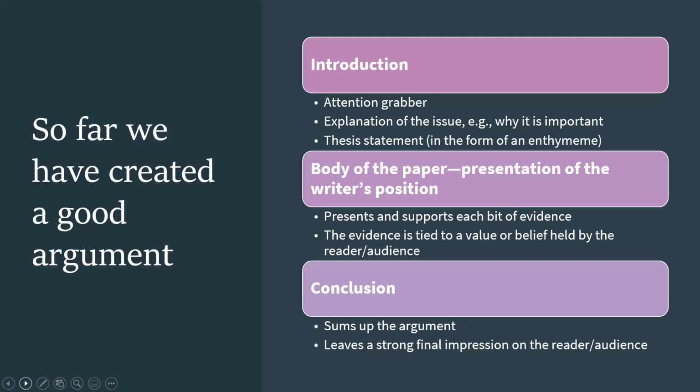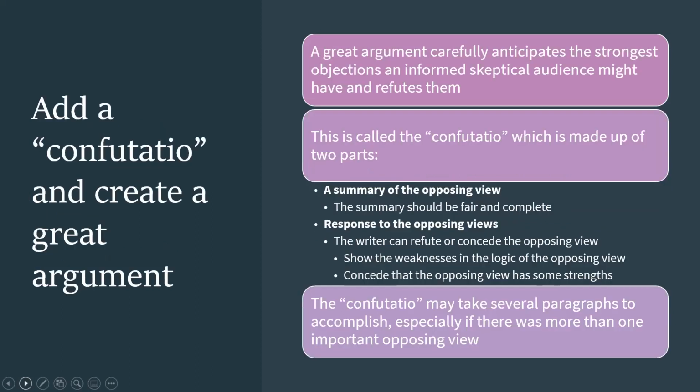Notice, because that'll be more persuasive if we appeal to their values, etc. And then in the conclusion, we're going to sum up the argument and leave a strong final impression on the reader, the audience, that we have done an adequate job of logically thinking about this. Okay, that is what we've covered so far.